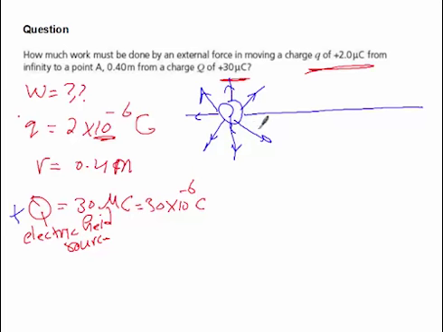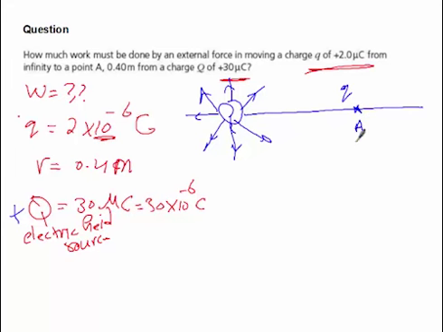And this is the quantity of the charges. And there is another small charge which is 2 microcoulomb, and we want to bring this small charge q from infinity to this point A.